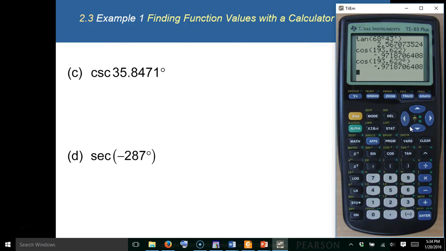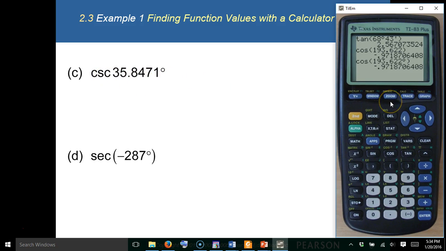Okay, on these next two, C and D, we are asked to find cosecant of this angle and then secant of this angle. Before we can do that, we only have sine, cosine, tangent on our calculators. We need to know that 1 over sine is the same thing as cosecant.